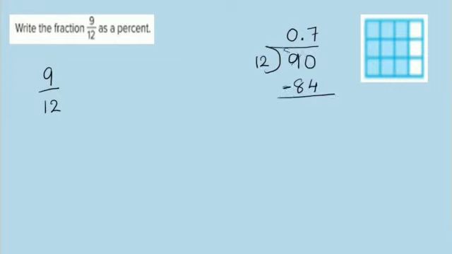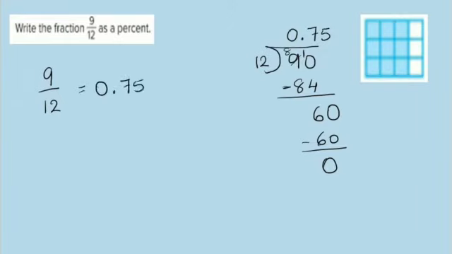You borrow 1, so it's going to be 10. 10 minus 4 is 6. And we need to take one more 0 here, annex a 0. So it's going to be 12 times 5 is 60. Let's cancel it. It comes to 0, so that's going to be 0.75.